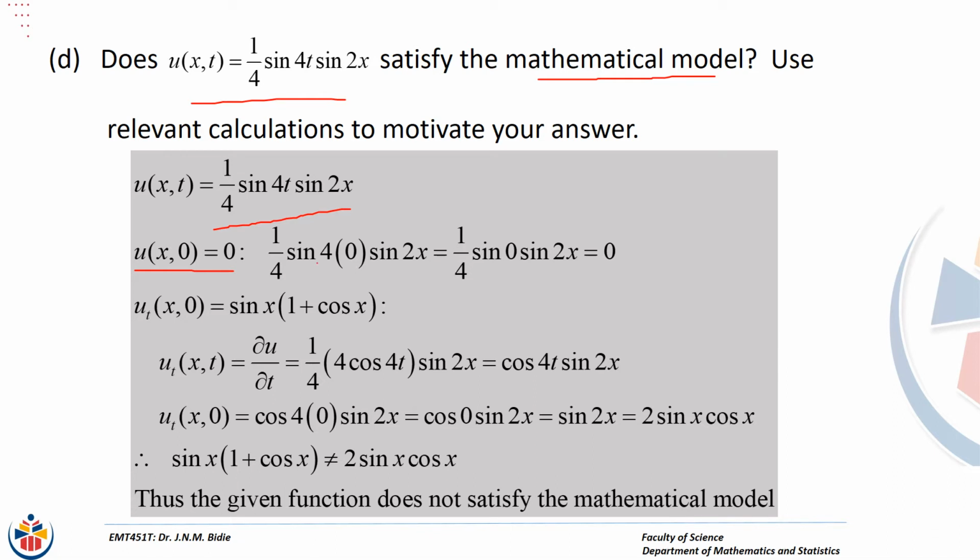So hence I have there sine 4 times 0, sine 2x, multiplied by 1 over 4, and we got the answer to be 0. And that initial condition had said when we substitute t is equal to 0 into our u, we must get a 0. Really, the first initial condition has been satisfied.